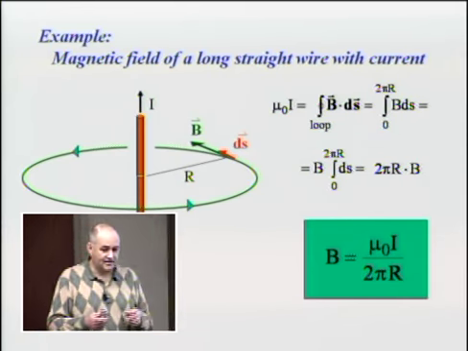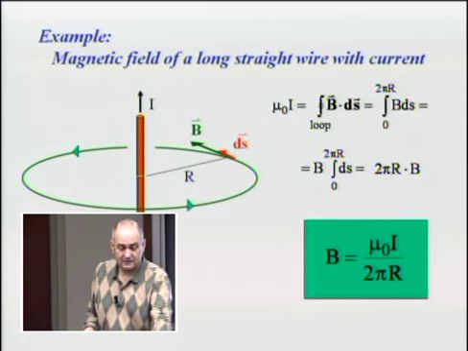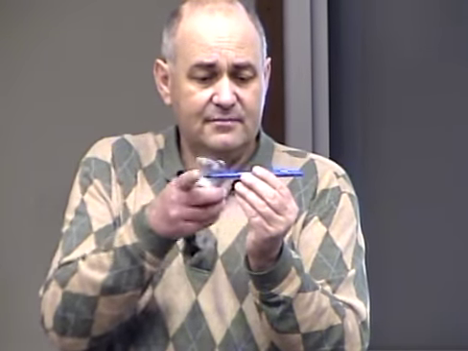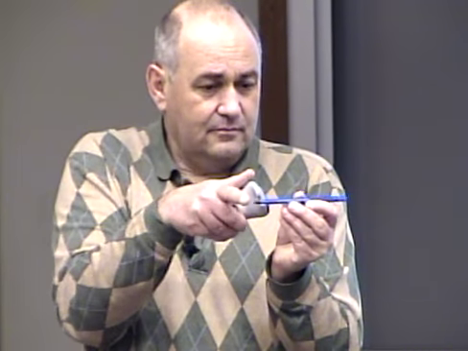But I cannot, for example, use this formula if I connect this end to one terminal of a power supply and this end to another terminal. I cannot use this formula to determine the magnetic field at this location, because now I cannot consider it as an infinitely long wire.